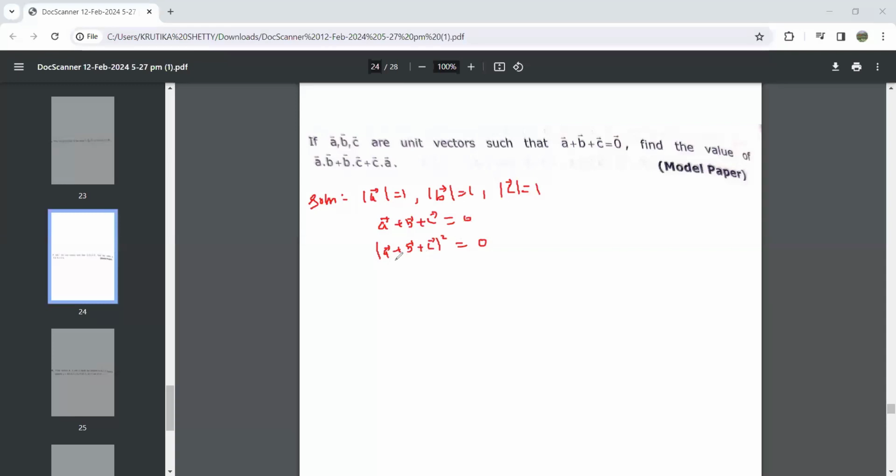Now here we are applying the formula for A plus B plus C whole square with the modulus values.